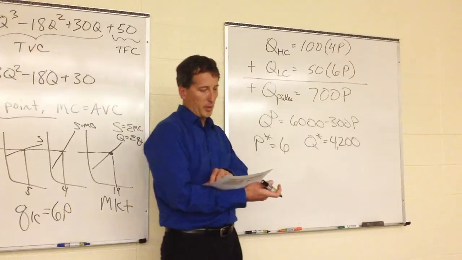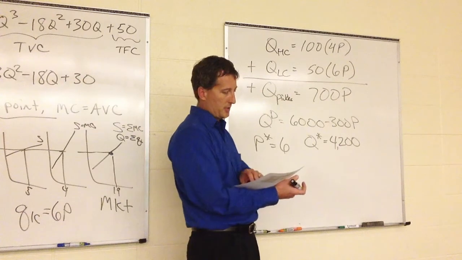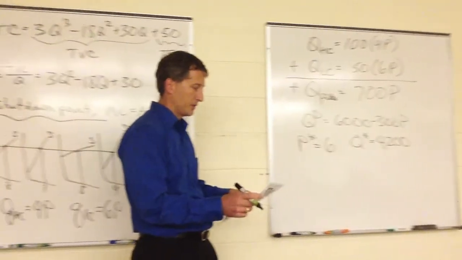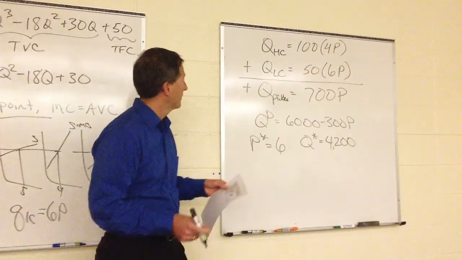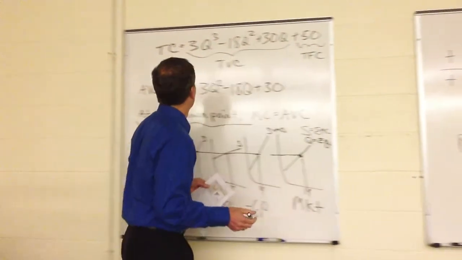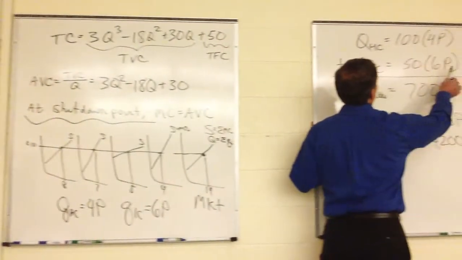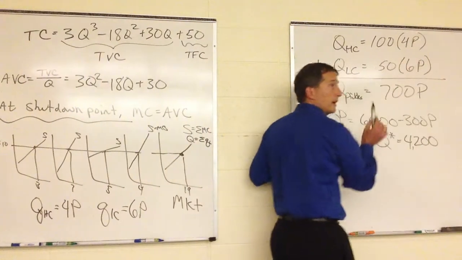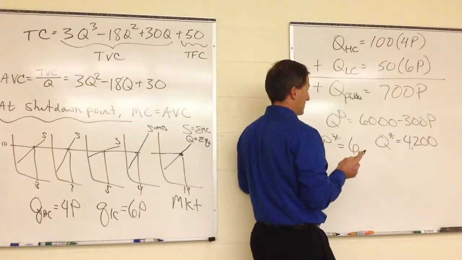At the price you found in part B, how many pickles does each high-cost firm produce? How much does each low-cost firm produce? So they're both price takers. We got 6 times 4 is 24 for the high cost individual firms.